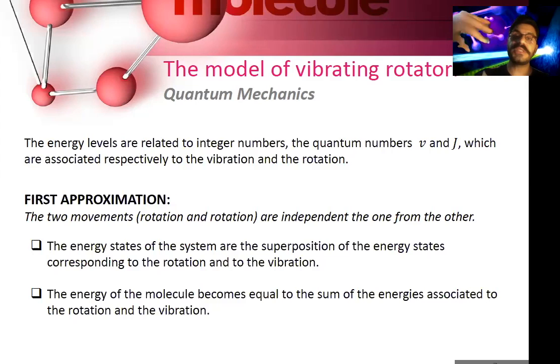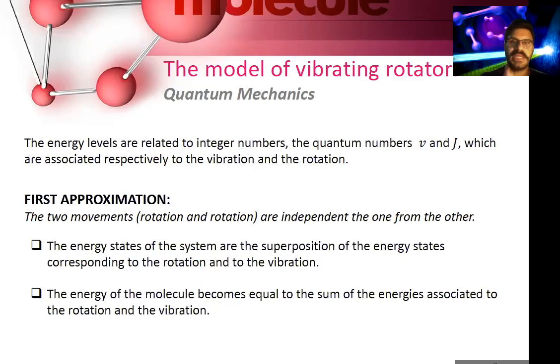The first approximation considers that the two motions are independent, which means that the vibrational motion and the rotational motion, physically speaking, are totally independent, which, you can appreciate, I think, cannot really be the true case.